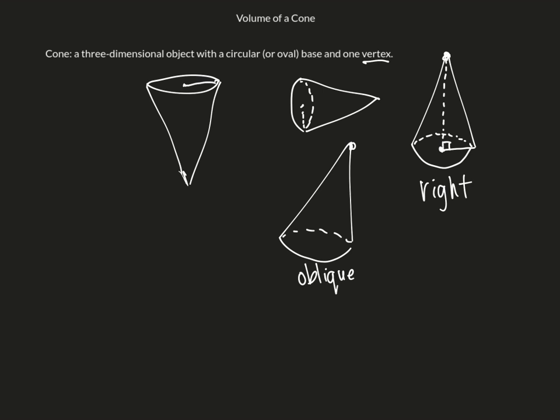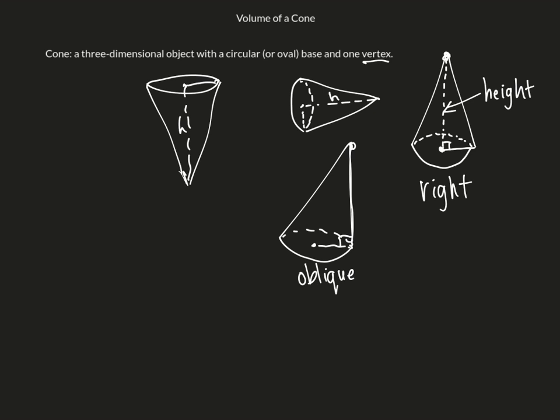Now the height is still going to be the perpendicular distance between the vertex and the base. So even if it's on its side, this is still the height. Now this one, if that's a right angle, then this side would be the height.